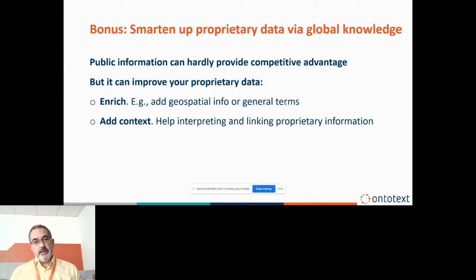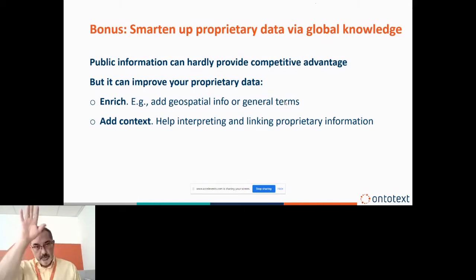Further on, you can enrich the descriptions of all sorts of entities and objects that you deal with by using external information, and this way make it easier to interpret your own data, to add classifications that you don't have in your database but exist externally, or to add relationships between some of the entities that you care about, which are taken from the outside.